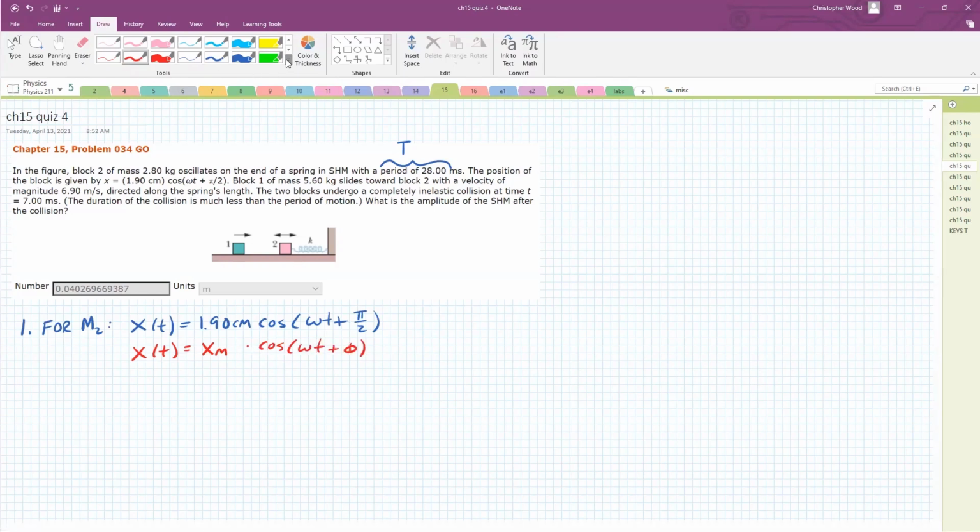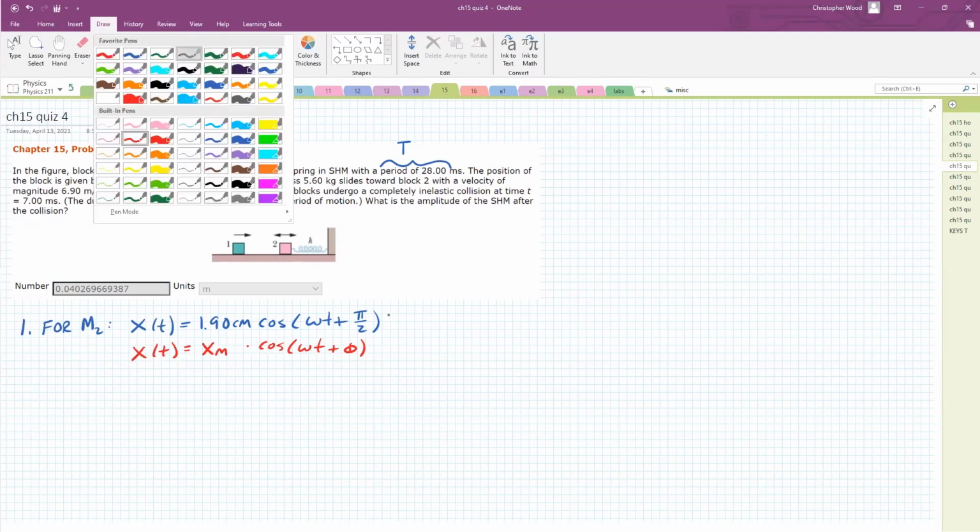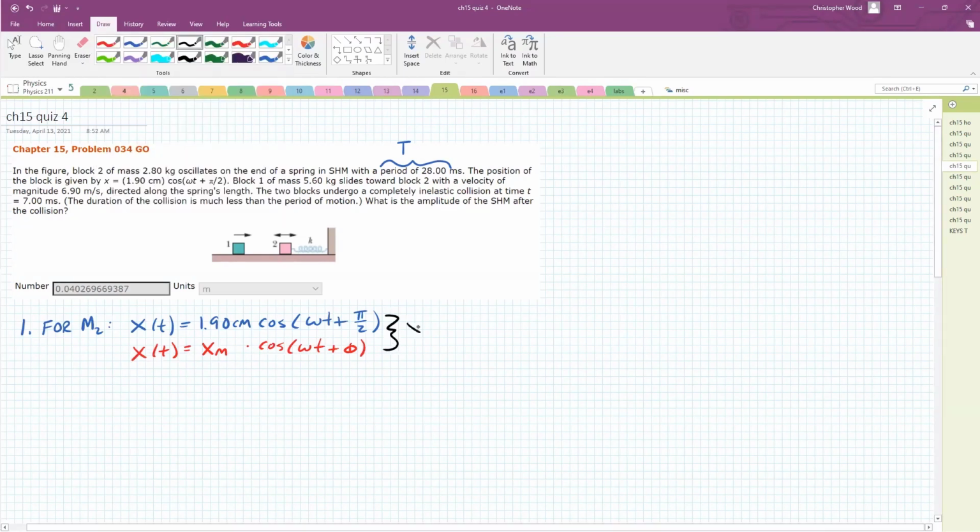So from these equations, we can see that x sub m equals 1.9 centimeters and my phase shift is 90 degrees or pi over 2 radians. All right, that's true for the block that's bouncing back and forth.